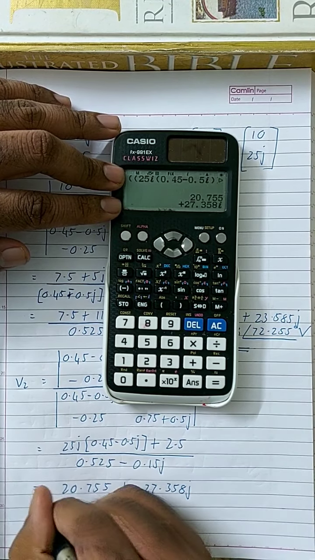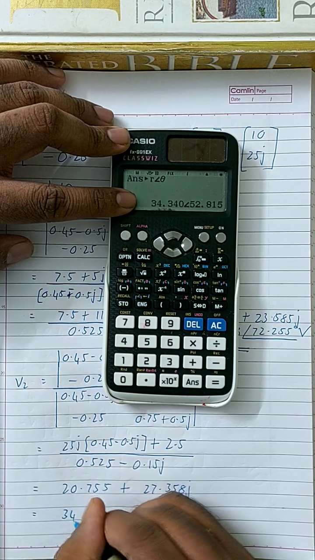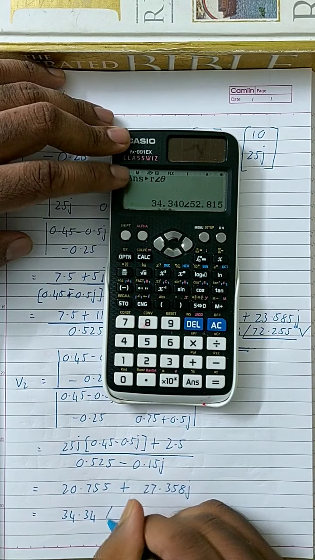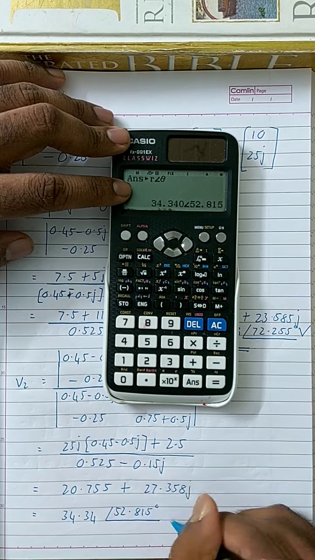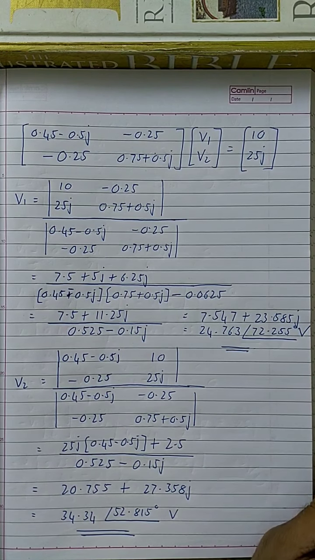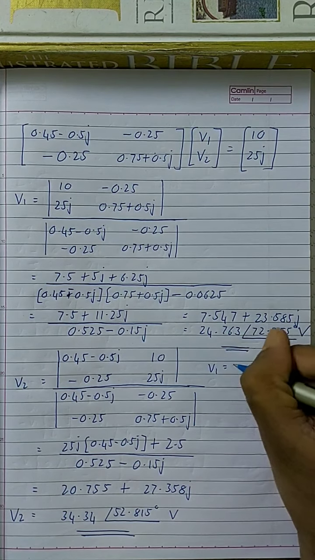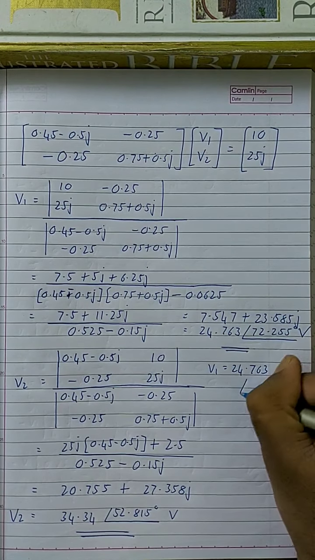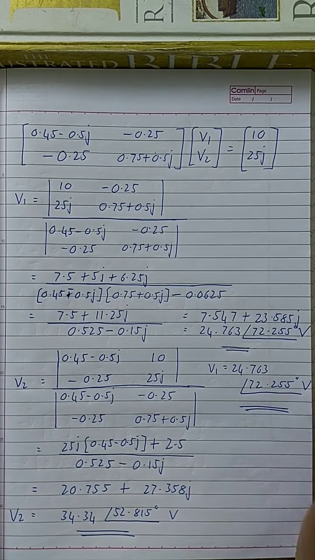In other words, in polar form, you will get 34.34 angle 52.815 degree volt. This is the value of V2. So hence this is the value of V1 and this is the value of V2.